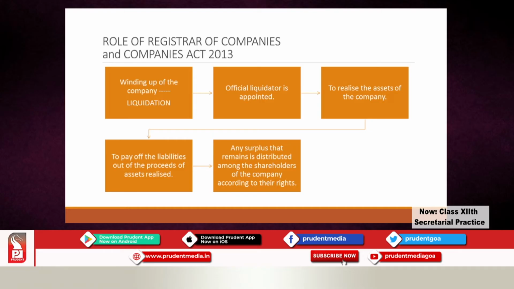To realize the assets of the company, to pay off the debts, the liabilities out of the assets realized, and if any surplus remains, it is to be distributed among the shareholders of the company according to their rights.